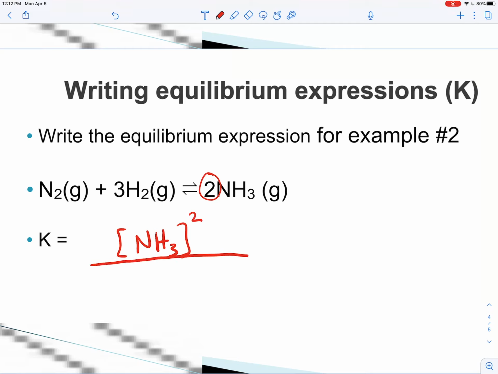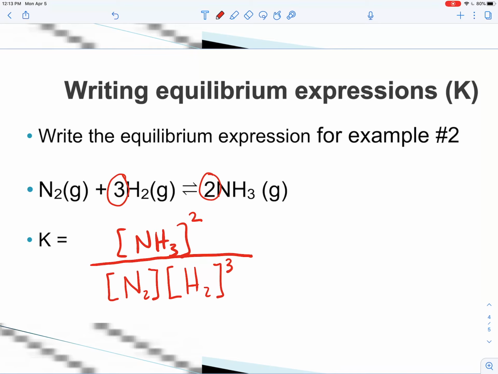So it's NH3 squared over, and here I have 2 different reactants, so I'm just going to put them next to each other. No pluses or minuses, they're just multiplied together. And again, this coefficient becomes an exponent for that chemical. And this would be the correct equilibrium expression for this equation.